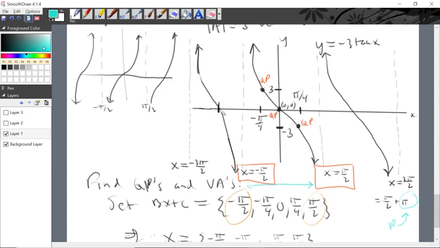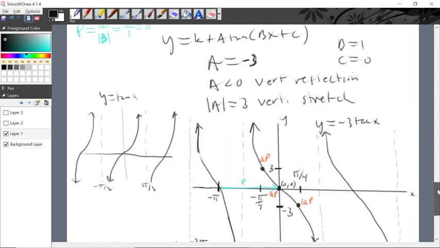So if we wanted to find the coordinates for this point right here on the x-axis, that would be found a full period away from the origin. A period is pi, so this is pi less than 0. So this has to be a point at negative pi. We can check in the function that if we plug negative pi in, we should get 0 as the output.